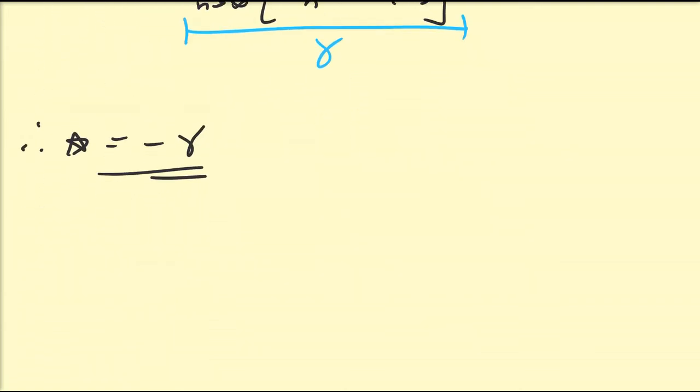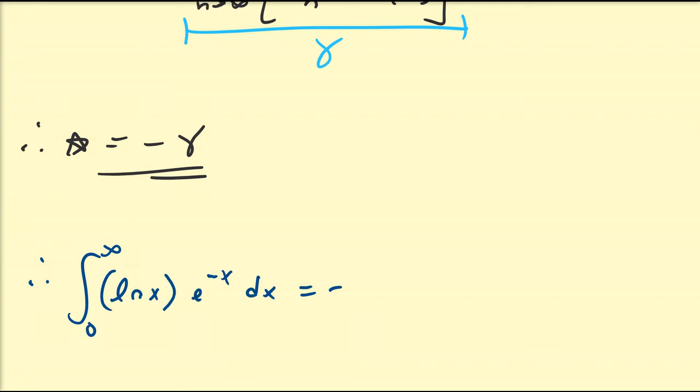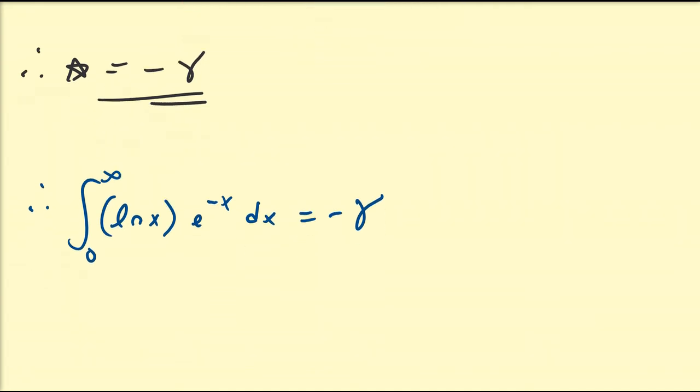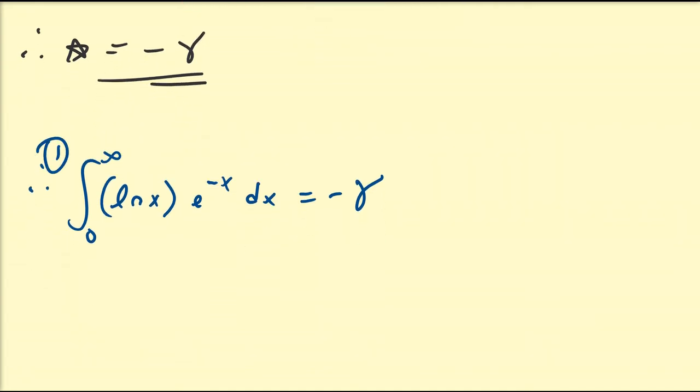In general, what we have proven is that the integral from 0 to infinity of the natural log of x times e to the minus x dx is equal to negative gamma. So that is one of the identities that we proved in this video.